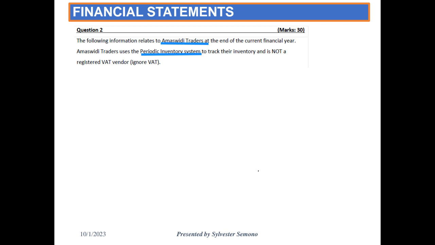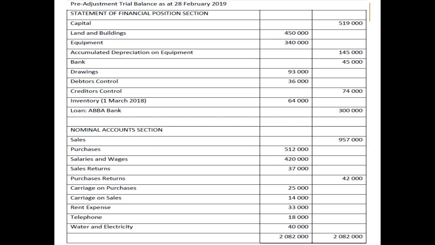Perpetual when there's no cost of sales. And then when there's cost of sales, or if they tell us to calculate the cost of sales, it's periodic.